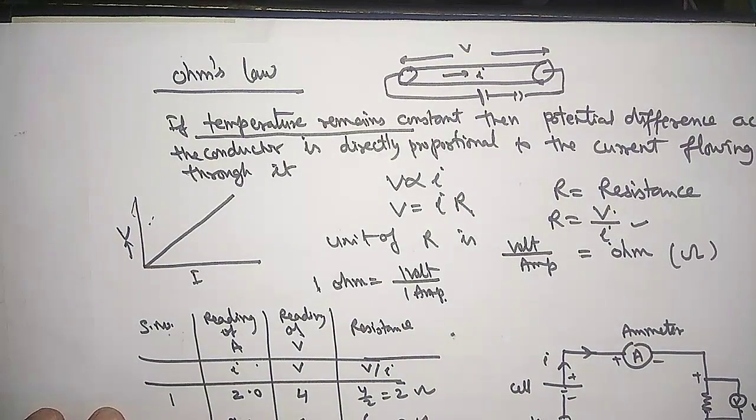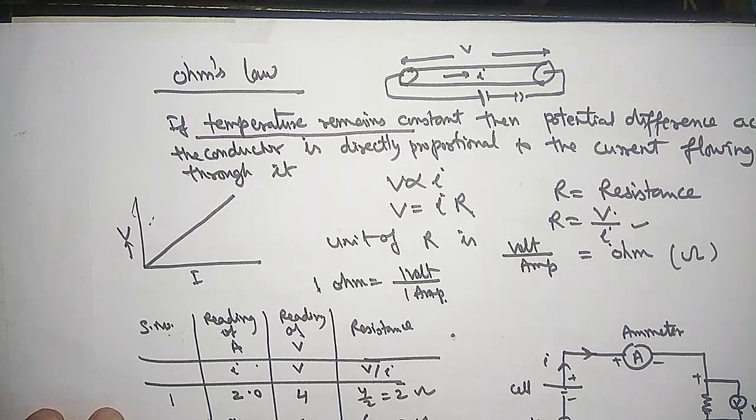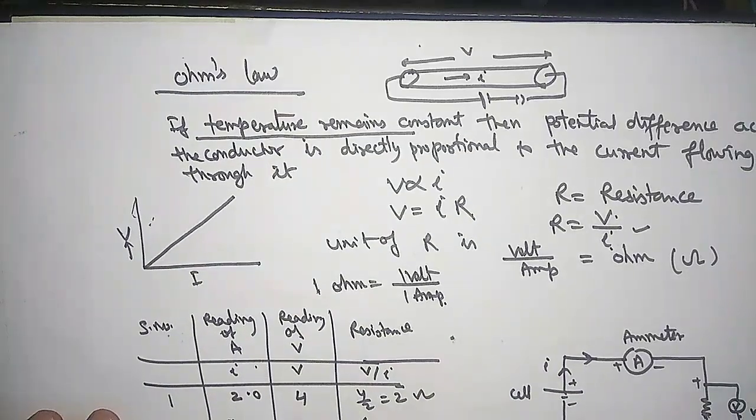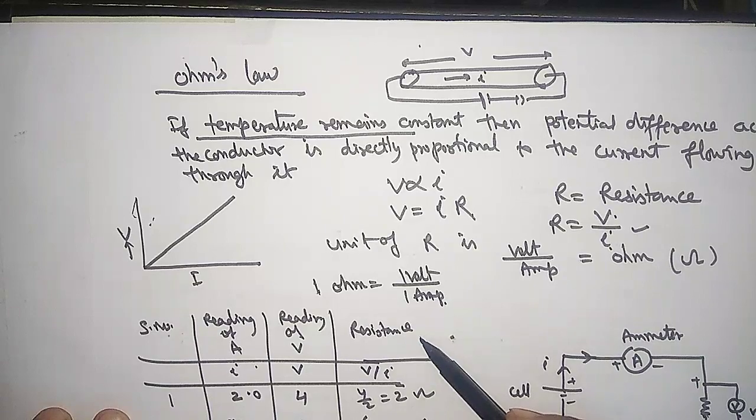Suppose in the third observation it is 5 ampere. Obviously it will be 10. It means 10 upon 5 will again come 2 ohm. So it will always remain constant because we are not changing the temperature of the circuit, and hence we find the resistance always constant.